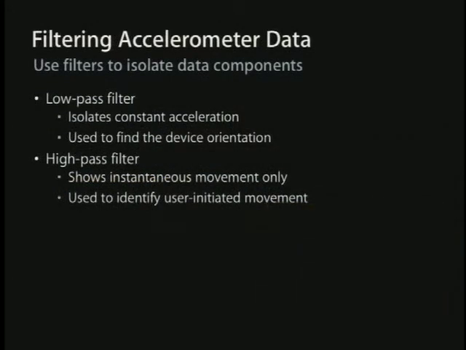If you want to start filtering some of this data, we won't get into this too much, because this is starting to tend towards frequency analysis, and it's kind of beyond the scope of this class. But there's two pretty basic things that we can get at with some really simple algorithms real quickly, and that's a low-pass and a high-pass filter. A low-pass filter would isolate some constant acceleration.